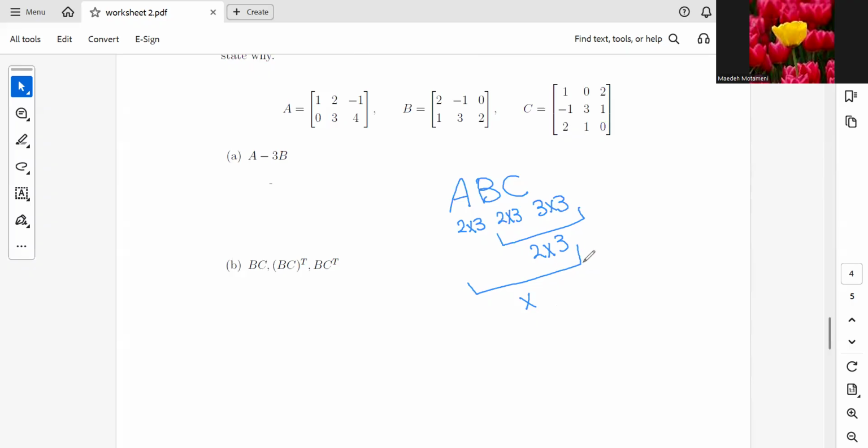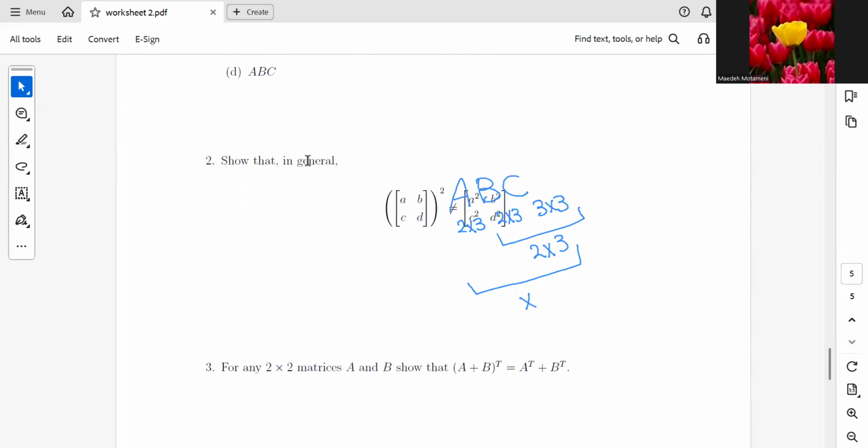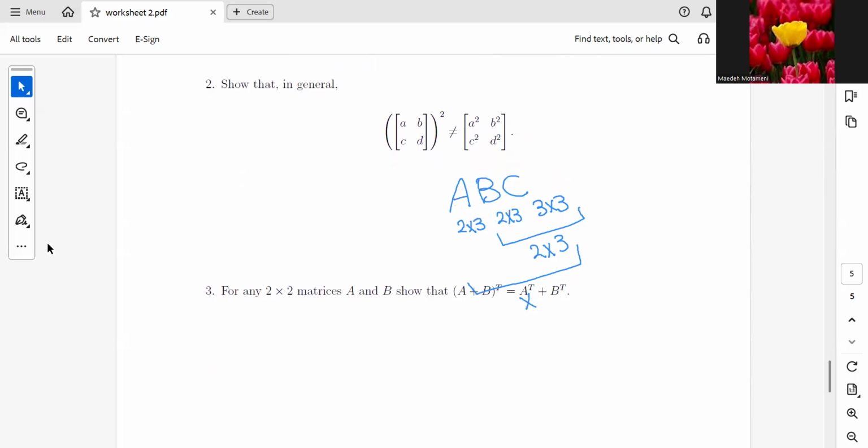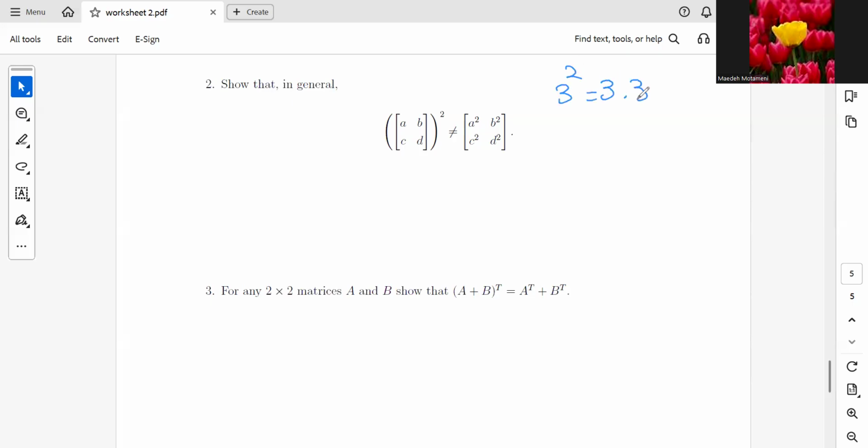Next question. Show that in general, these are not the same. Okay, so what does the power mean in terms of matrices? This is the same as we do for numbers. So for numbers, when we have 3 squared, it means 3 times 3.